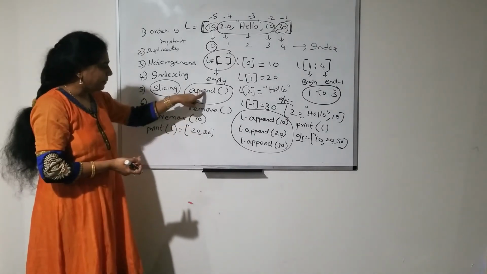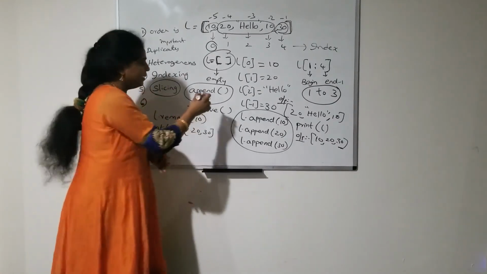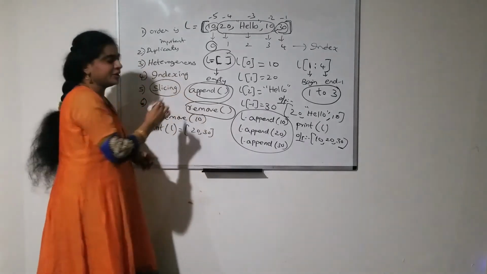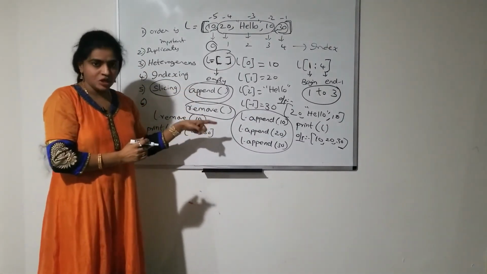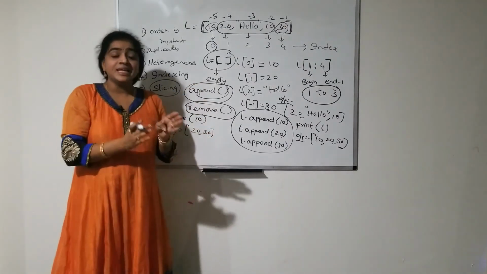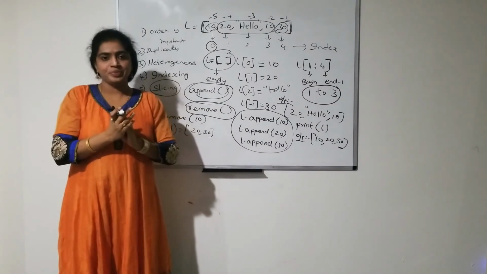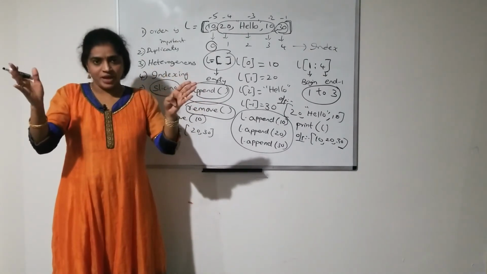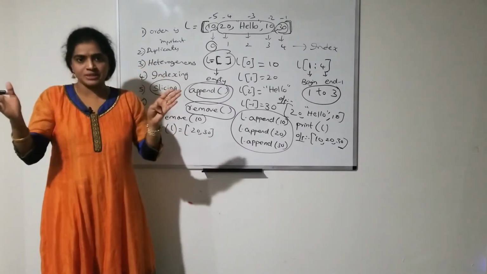So by using append and remove built-in functions, we can add elements in the list by using append, and we can remove the elements from the list by using remove. Okay, so these two are built-in functions of the list. So because of these functions, the list can be growable and the list can be shrinkable. When you add elements into the list, it grows, right?